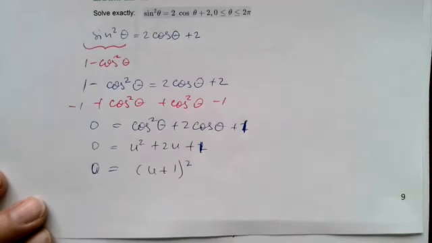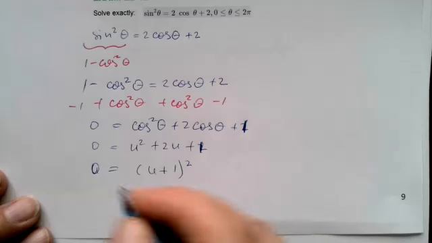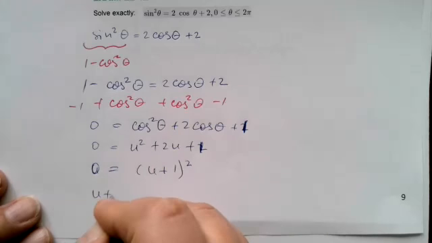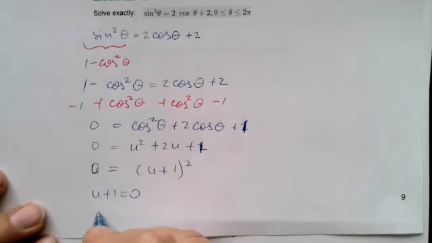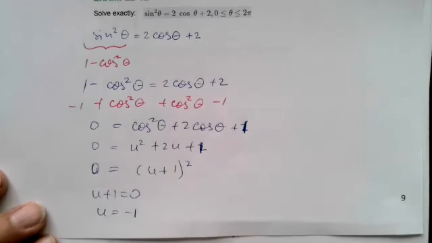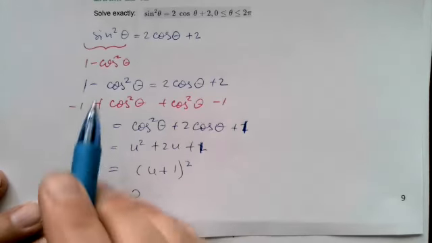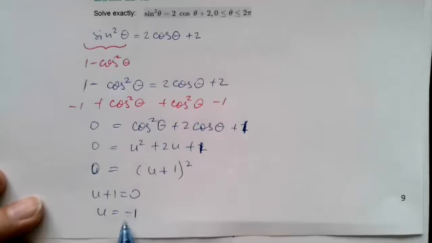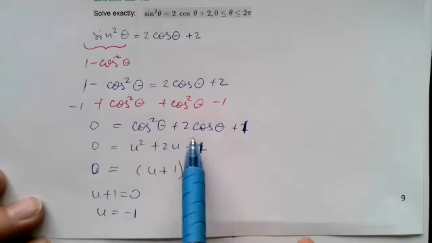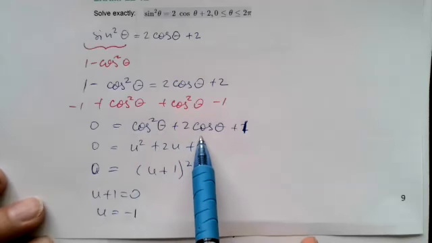Okay, so basically u plus 1 squared equals 0. That tells you that u plus 1 equals 0. So now we have u equals negative 1. Now we're going to recall that u was a cosine.